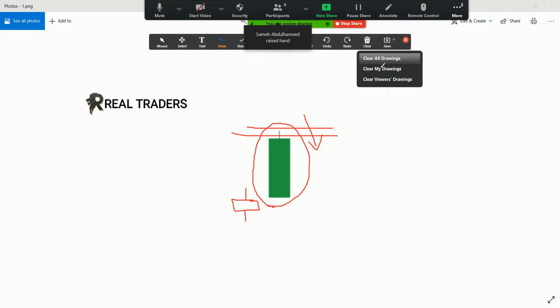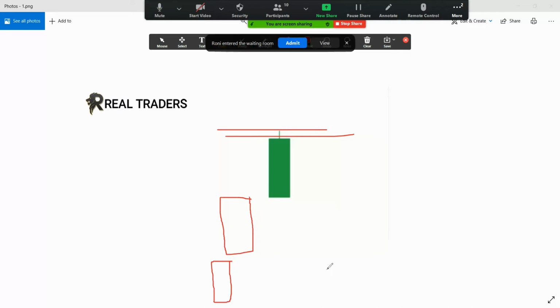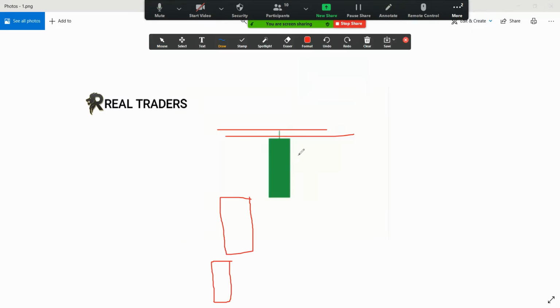And if we see a strong bullish candle in the market, we can expect mostly the market breaks this level easily. Let me show you some examples so it will be clear for you.